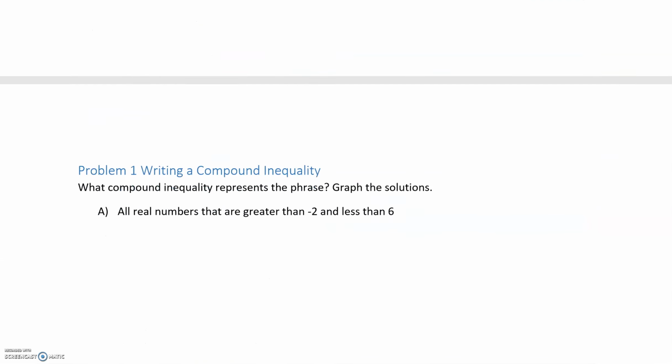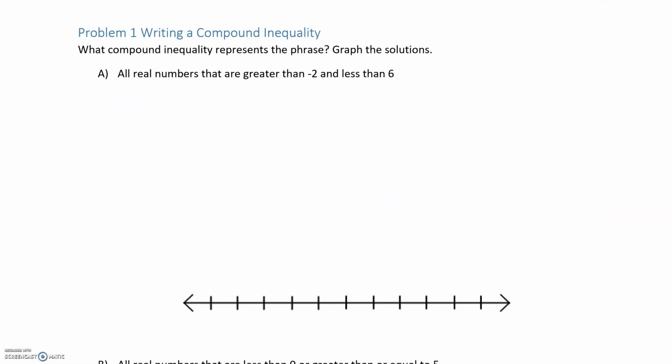Okay, so if we go to the next page, we just want to write this out. So the first thing it says is all real numbers that are greater than -2 and less than 6. So we have the word "and" here. Okay, so we can write this as our smaller number, -2, then x. It says greater than and less than, so there's no equals in here.